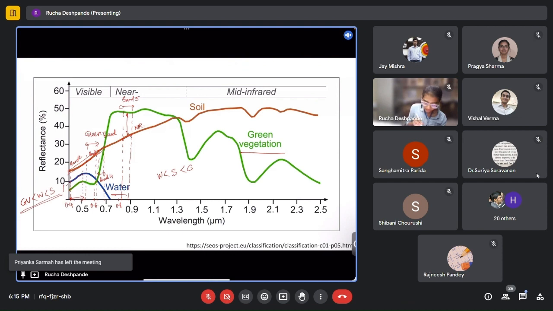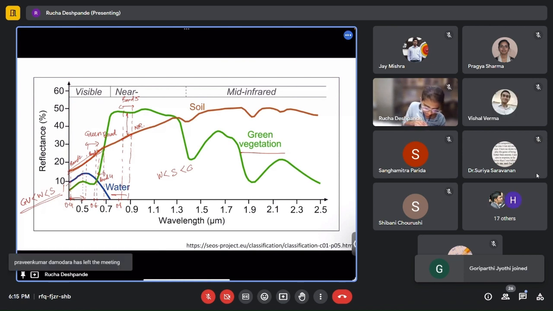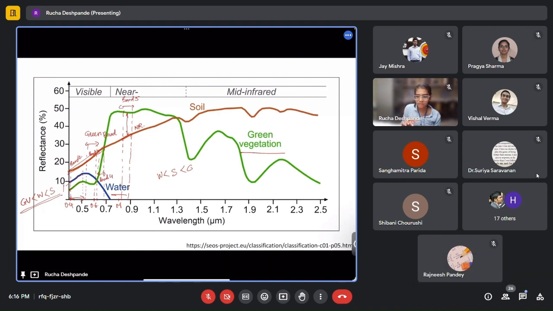The reflectance of water is very less over here. So it's not reflecting at all, and if it's not reflecting, then it will appear darker, right? Then soil is reflecting higher than that of the water, but lower than that of the vegetation, so it will appear slightly brighter, and then vegetation is reflecting the highest, so it will appear the most bright.